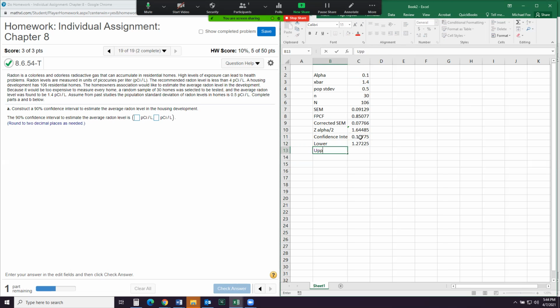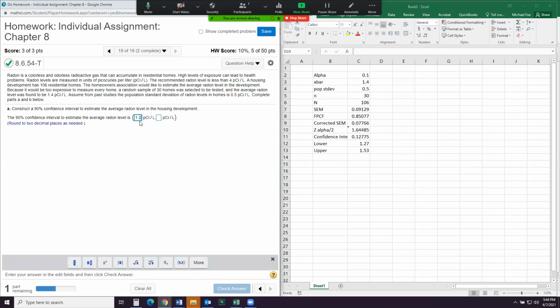My upper is going to be my x bar plus my confidence interval. This wants our answer in 2 decimal places. I always like to do this just so I don't make a mistake. So we're going to say that we are 90% confident that the level is between 1.27 and 1.53 picocuries per liter.